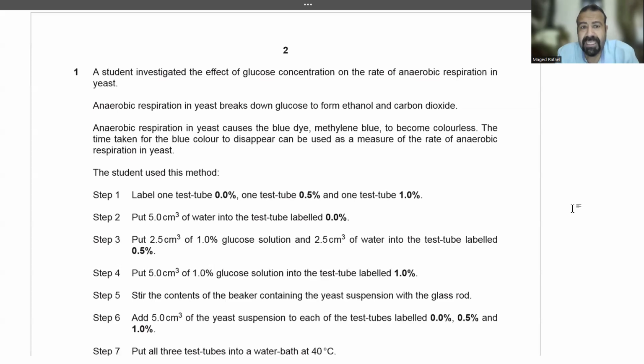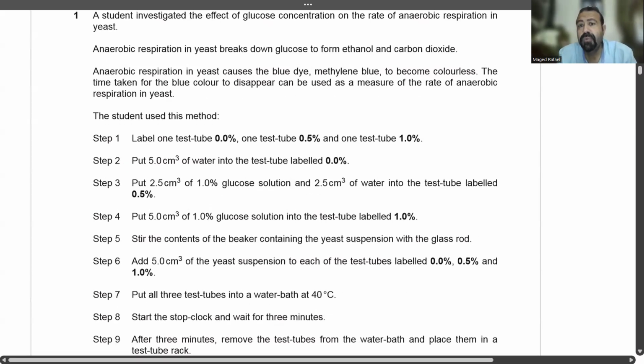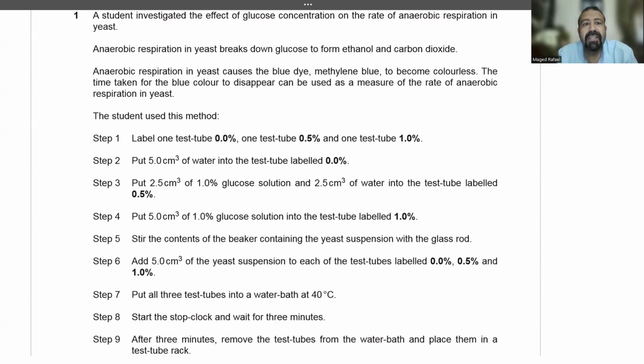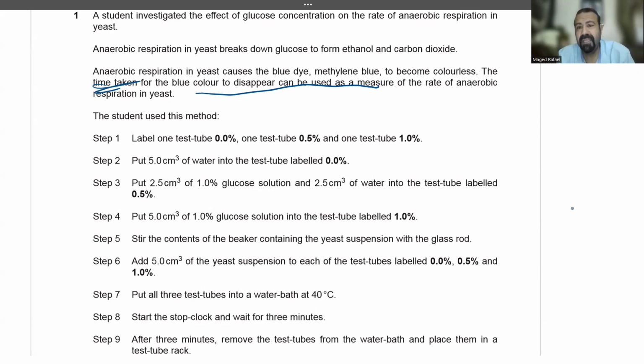Anaerobic respiration in yeast breaks down glucose to form ethanol and carbon dioxide. Anaerobic respiration in yeast causes the blue dye methylene blue to become colorless, and the time taken for the blue color to disappear can be used as a measure of the rate of anaerobic respiration in yeast. So he's telling you now that the time taken is the dependent variable.